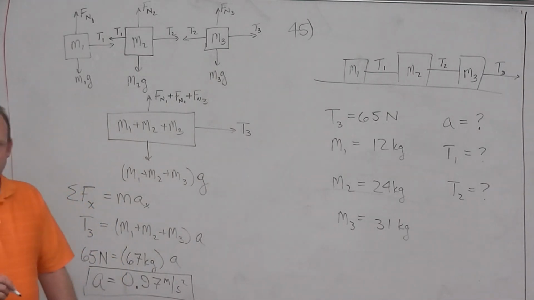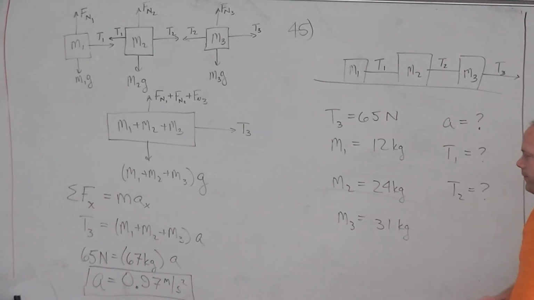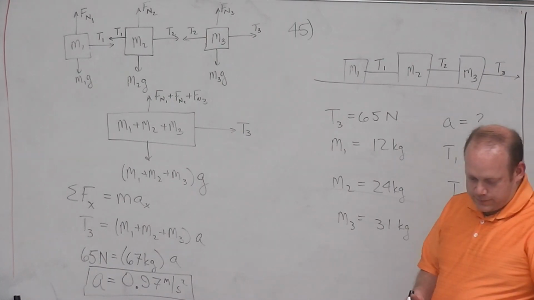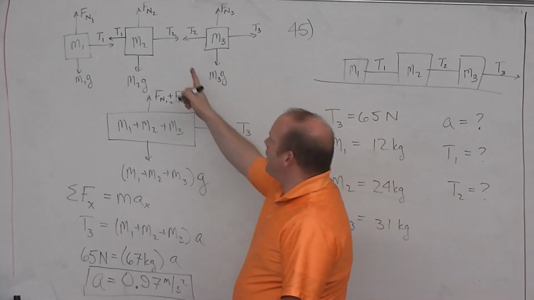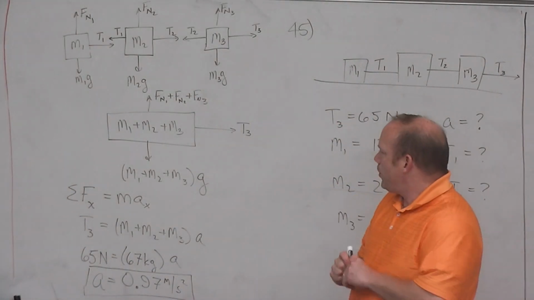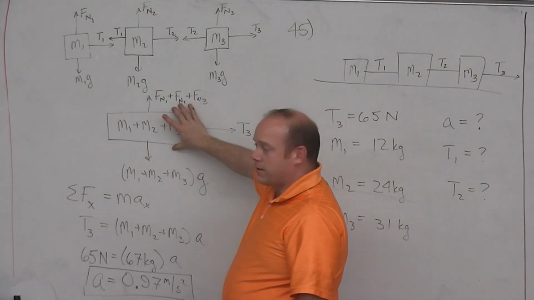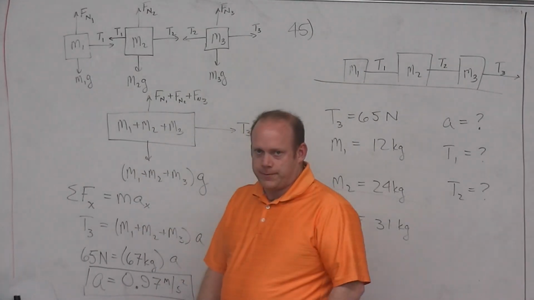Now, we actually did do a couple problems like this last year. Okay, this should be fairly familiar to you. I want to kind of fire up some of those neurons and synapses that I introduced last year. But now we want to solve for T1 and T2. T1 and T2 are internal forces when you're talking about the large mass. We don't care about internal forces when we're looking at the whole system.